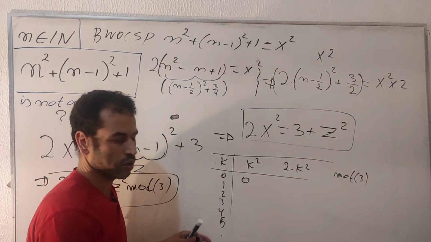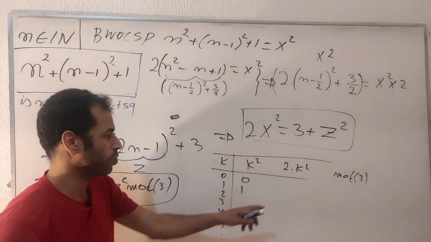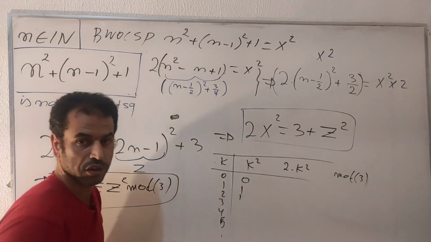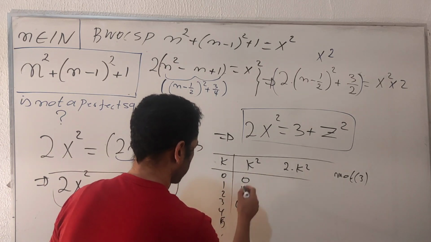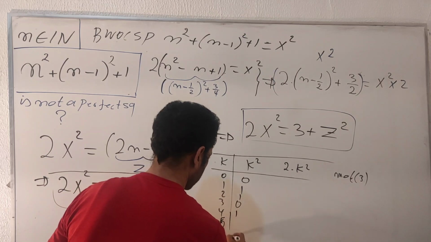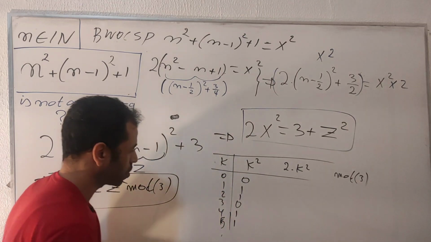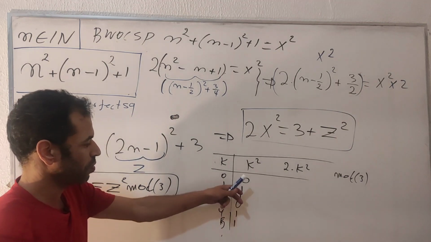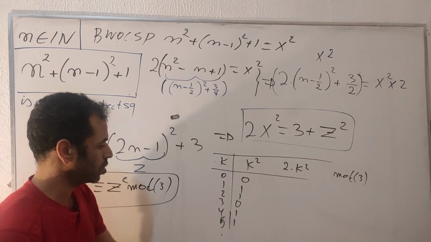It's clearly 1. I get 4 here, and 4 mod 3 gives us 1 as a remainder. 3 squared, which is 9, has 0 as a remainder. 4 squared is 16, 1 more than 15, which is 1. 25 is 1 more than 24. This is enough. It repeats like 0, 1, 1, 0, 1, 1. This set belongs to 0, 1.